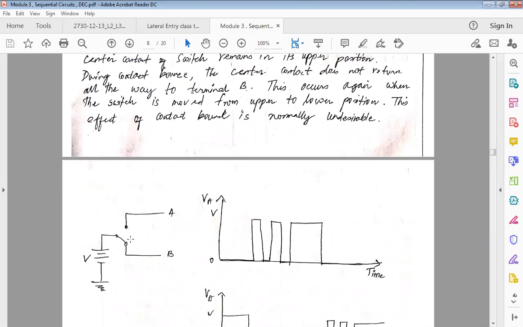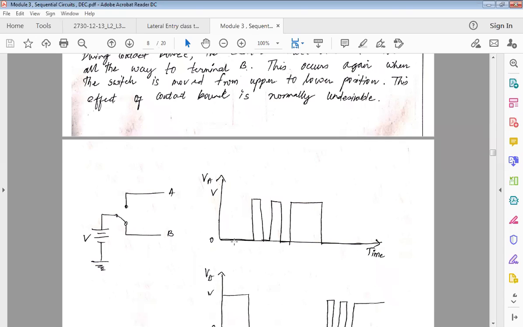It might come halfway and then again connect to A, disconnect for some time, connect, disconnect, slowly, and then finally connect. This is the way the spring effect happens in a switch. Due to this, suddenly there will be a spike in the voltage, so there can be an increase in the potential.